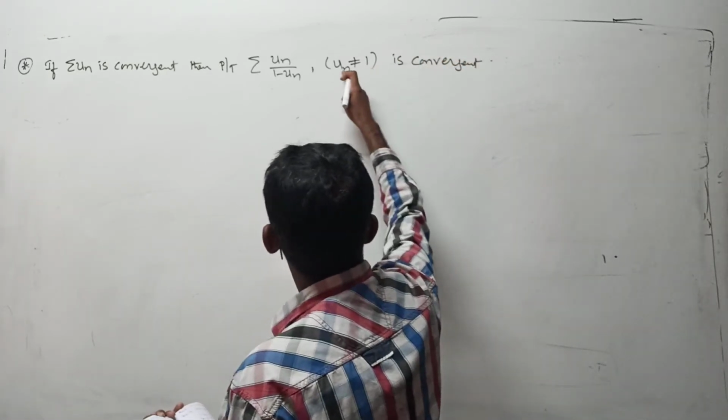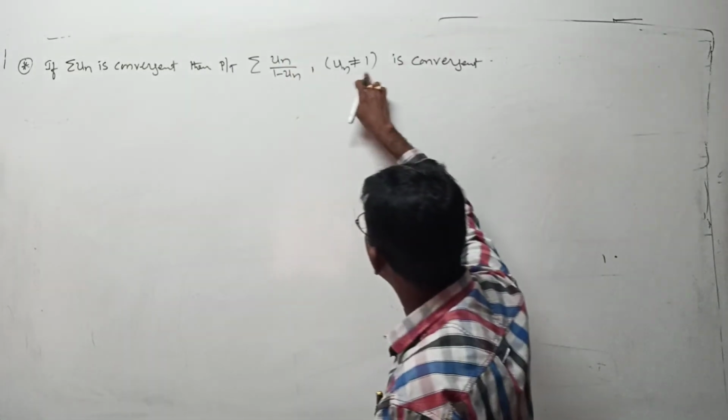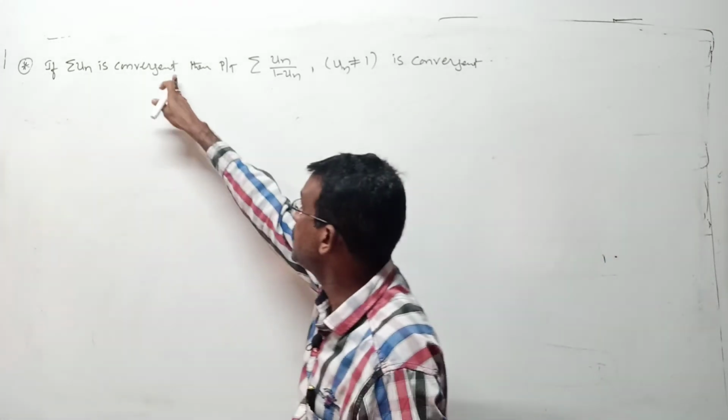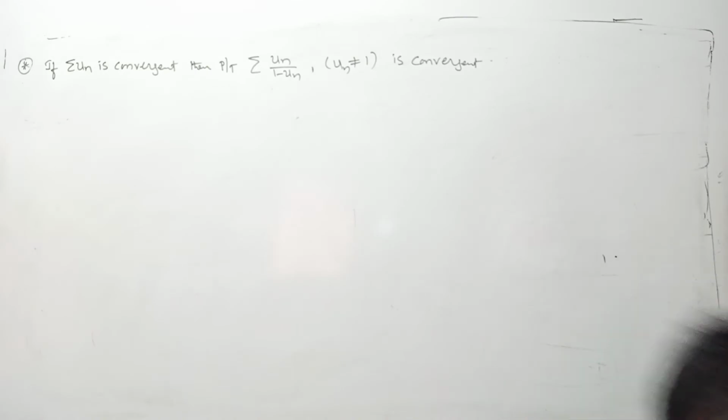This is the given. Whenever u_n equals 1, 1 minus u_n becomes 0, and this becomes an undefined series. For that cause only they gave this rule. Otherwise the total meaning is, whenever sigma u_n is convergent, we must show that sigma u_n by 1 minus u_n is also convergent.